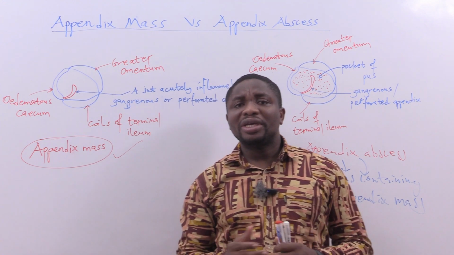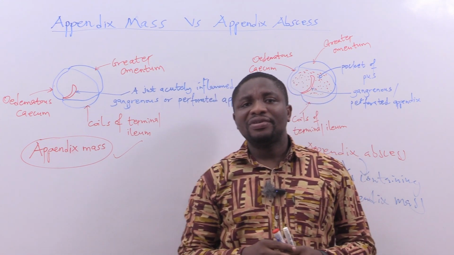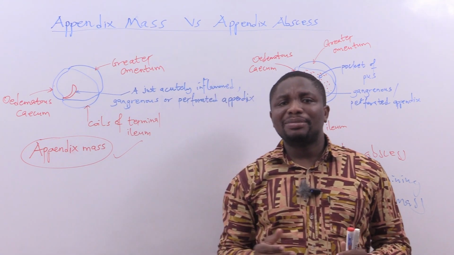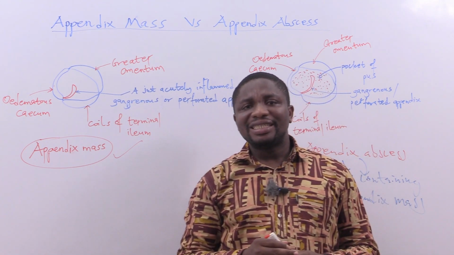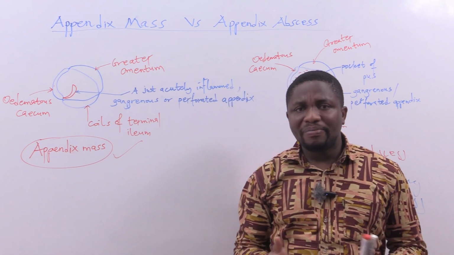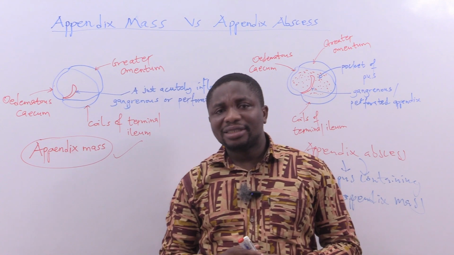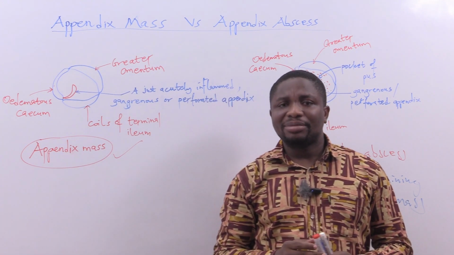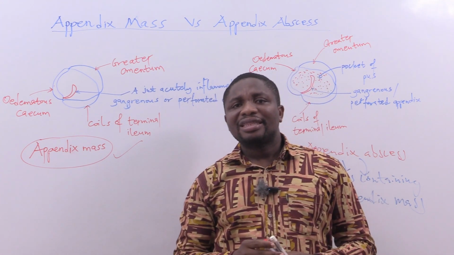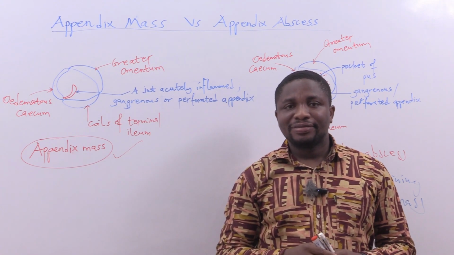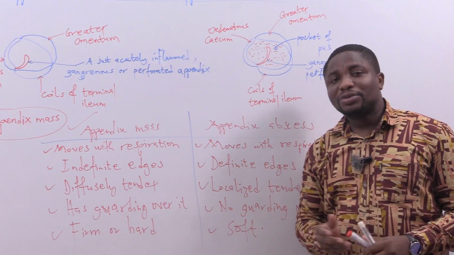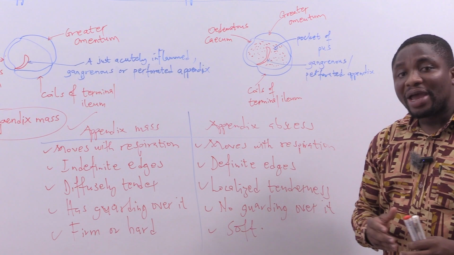Now, the next thing we're looking at is the comparative analysis of appendix mass and appendix abscess. We would compare them in a tabular format. Let's proceed and look at the comparison.